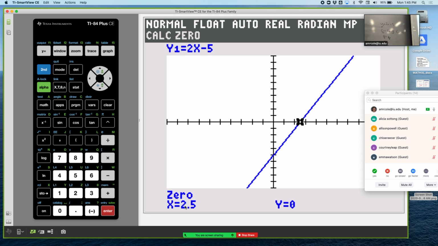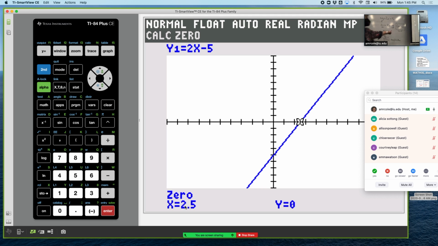All right, so right here, if it's 2.5, 0 and it's written like this, that's an x-intercept. If I write it like this, x equals 2.5, then I'm writing it as a 0 or a solution to the equation. Let's go down a little bit so maybe they can see that at home.